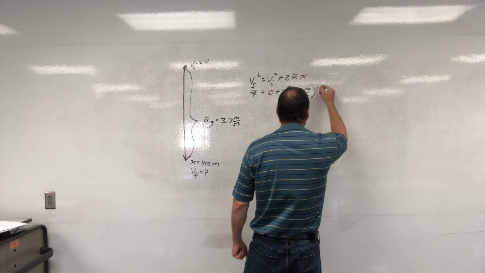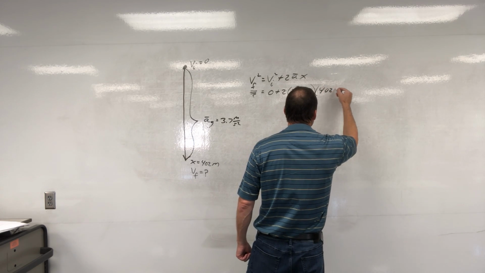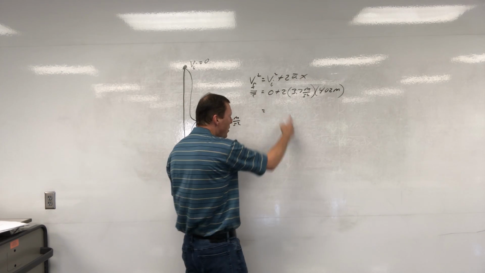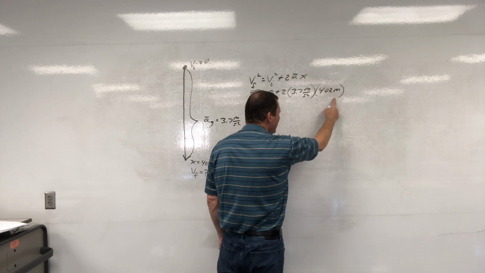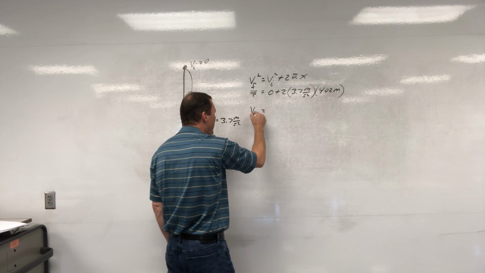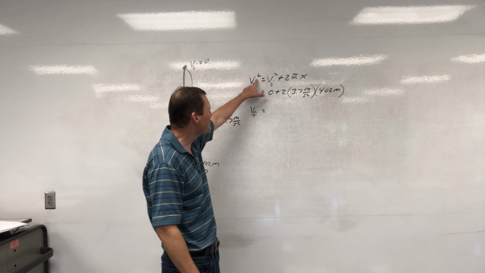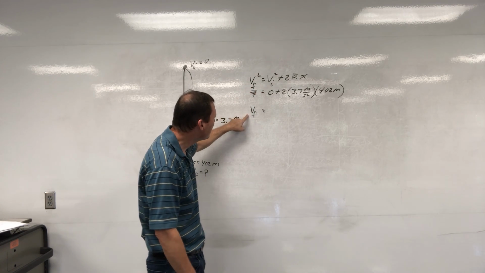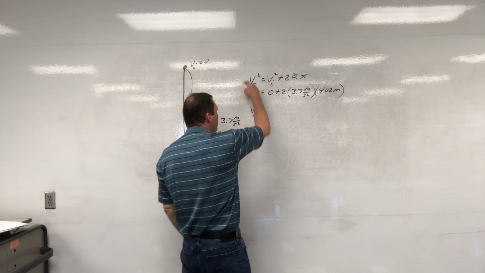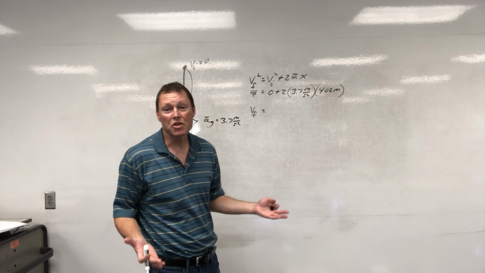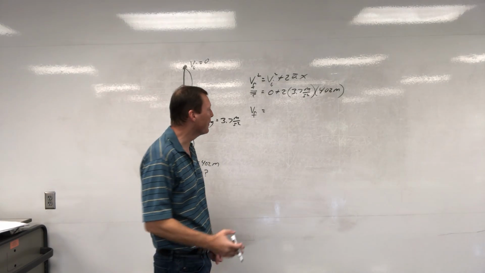And the displacement is 402 meters. What I want to do is multiply these three together, but be careful. I want velocity final, not velocity final squared. So in order to get from here to here, I got to take the square root of both sides, because what I do to one side, I got to do to the other side too.